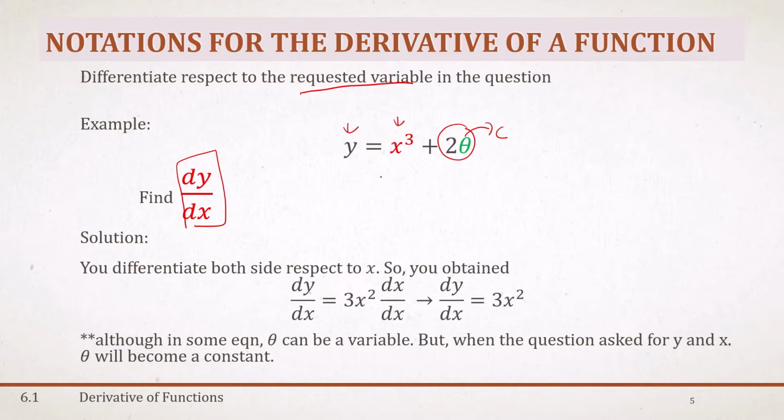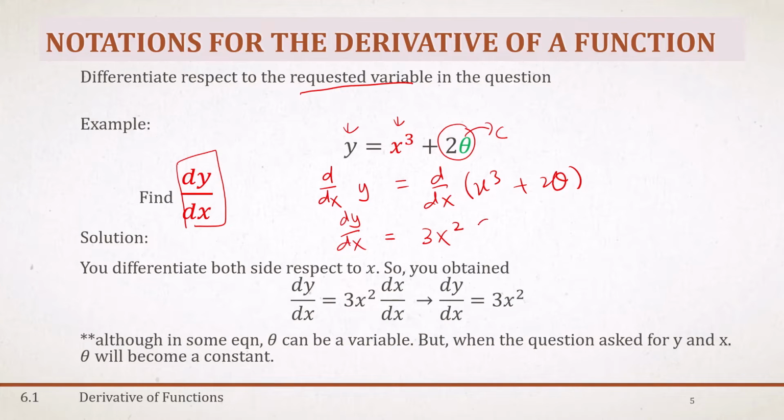So I differentiate the left hand side, y, with respect to x, and differentiate my right hand side with respect to x. Because y consists of x, you cannot say it disappears, so I have dy/dx. For now, we accept that differentiating x cubed gives 3x squared times dx over dx, but dx over dx is actually 1, and for 2 theta, later on you will learn that differentiating it becomes 0.